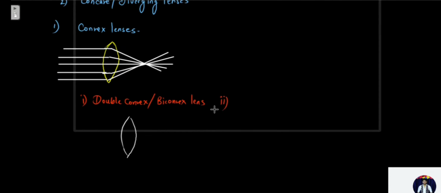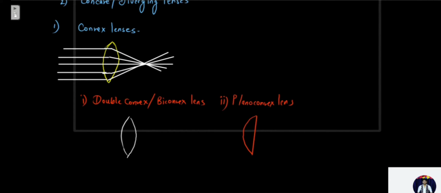The second type of convex lens is the plano-convex lens. In this case, one of the surfaces is convex and the other one is plane, so it will be something like this: one plane surface and one convex surface.